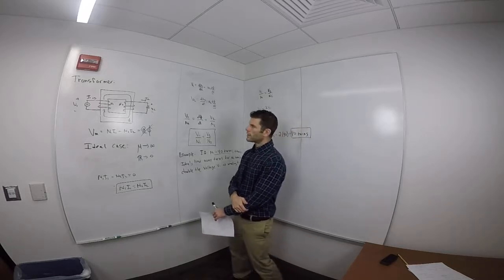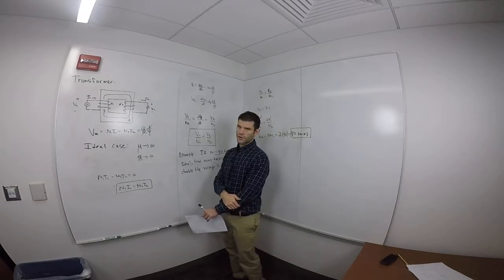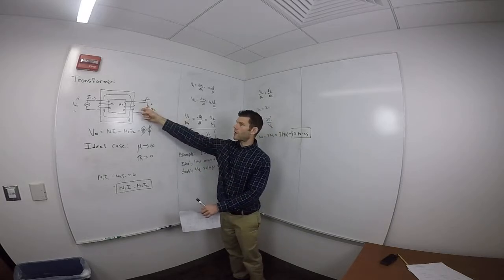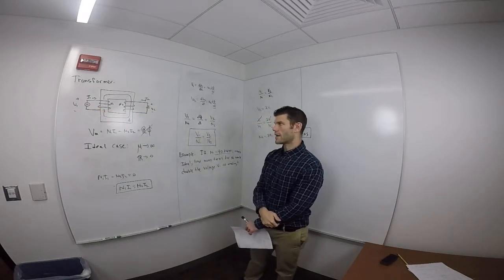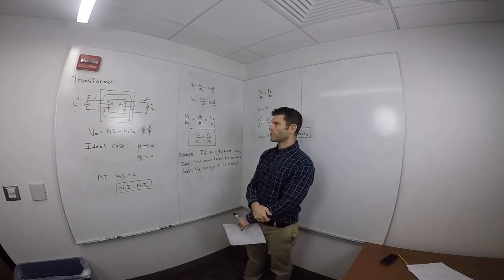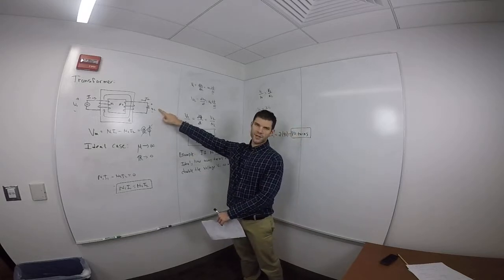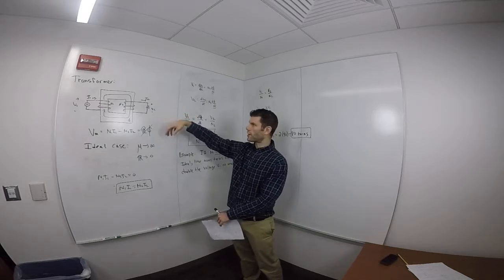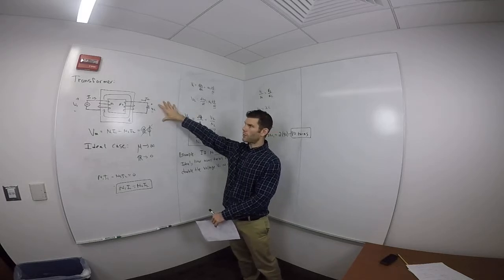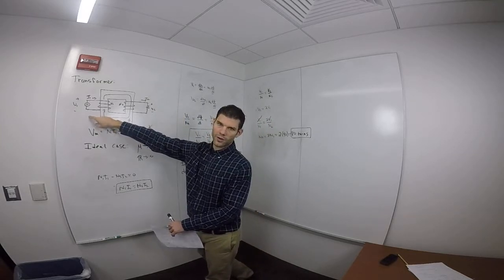Well, if we are going to conserve energy and conserve power, we have to have the same power output on this winding that was input on this winding. So that means that if we double the voltage, we have to at the same time cut the current in half, right? So if we double the voltage and cut the current in half, when we multiply the voltage times the current, we'll have the same output power as we had the input power.